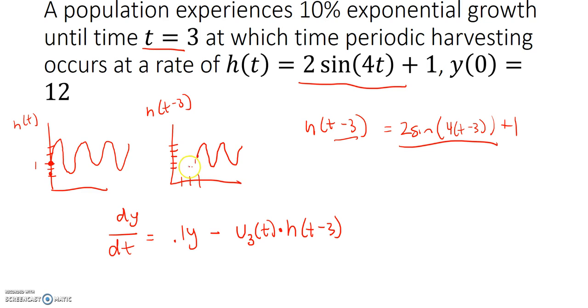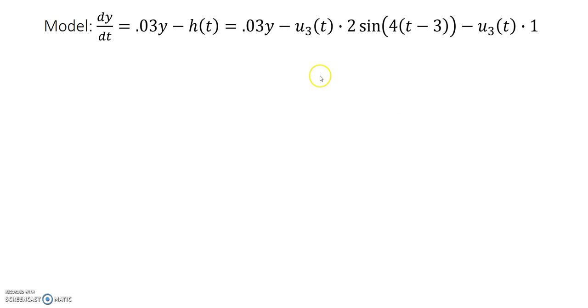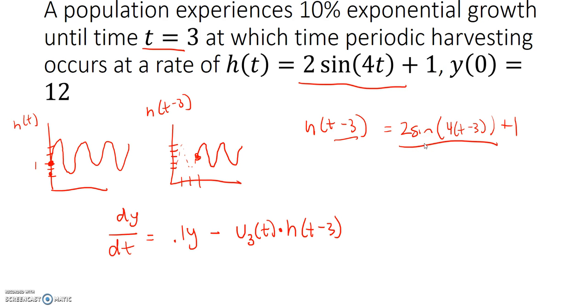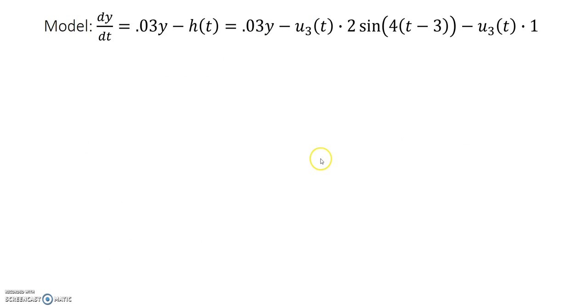Of course, you will see more of the graph here, but this point right here will correspond to this point over here at time 0. So if I actually expand this out, I'll have u sub 3 of t times the harvesting term: u sub 3 times the first term minus u sub 3 of t times 1. I guess this should have been down in the negative, but that's okay.